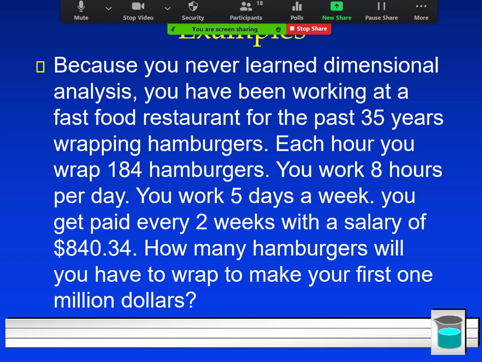So how are we going to do that? Okay. Well, what I see is a bunch of equivalence factors. I see that each hour is 184 hamburgers. So 1 hour equals 184 hamburgers. 8 hours each day. 8 hours equals 1 day. 5 days equals 1 week.